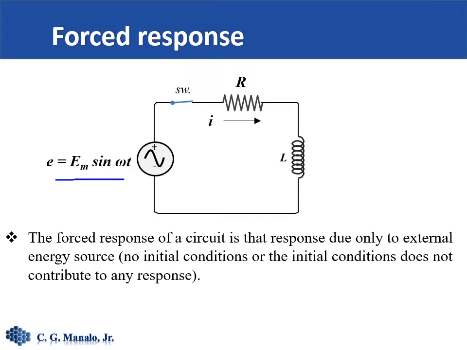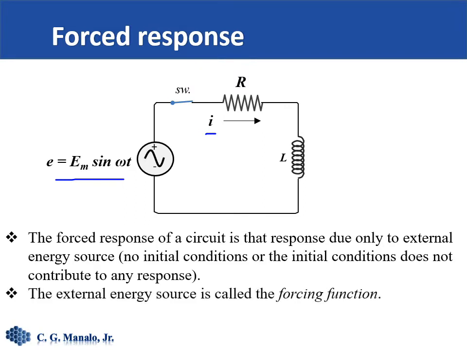Whatever response that we get there is what we call the forced response. Usually we call the external energy source the forcing function because it forces a response on the circuit regardless if there is an initial energy stored in the elements.